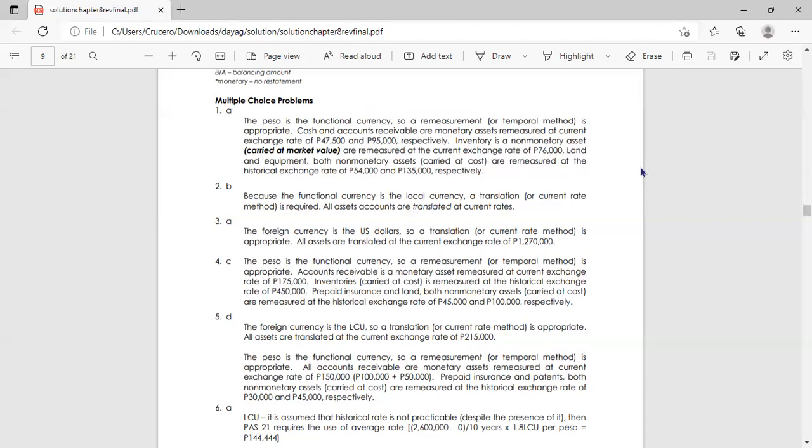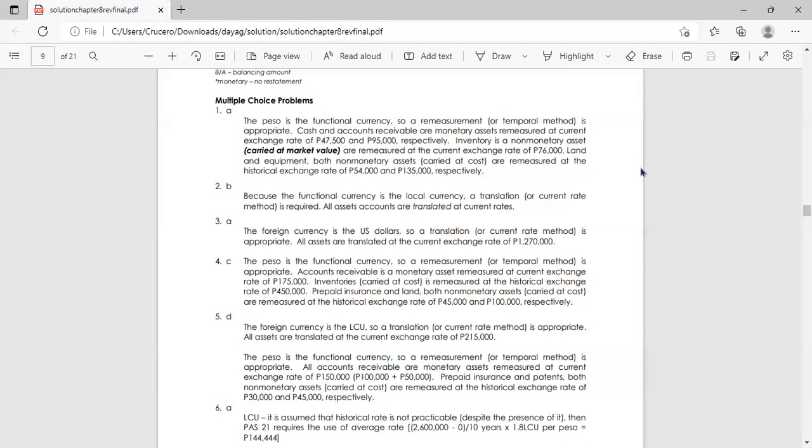Even though inventory is non-monetary, it should be recorded by using the current rate.